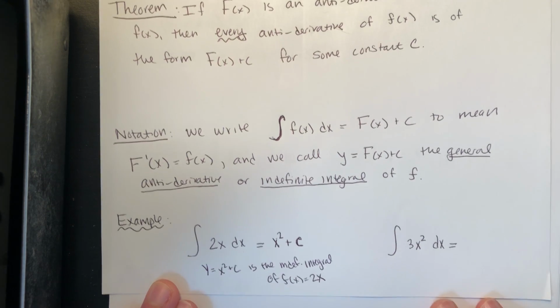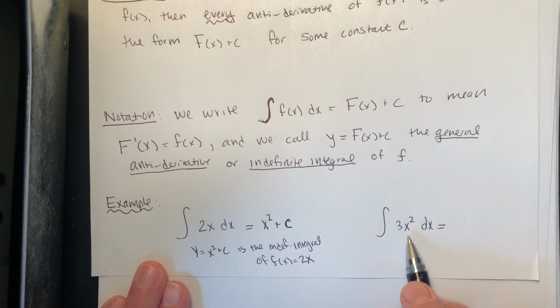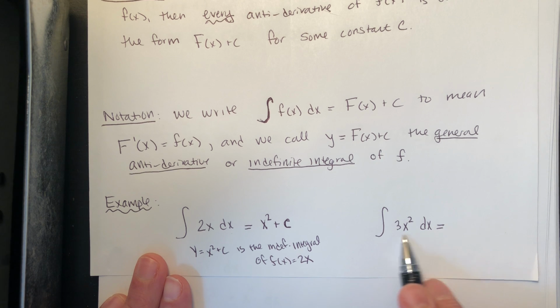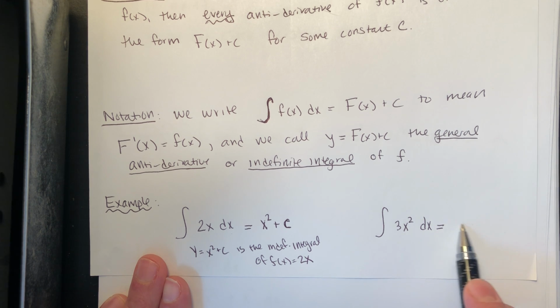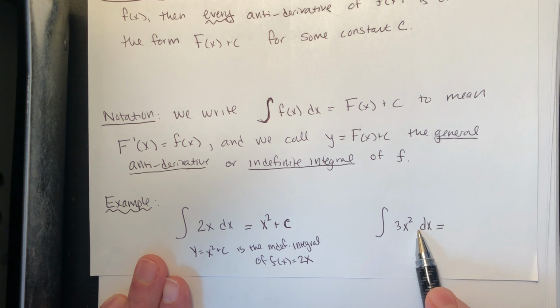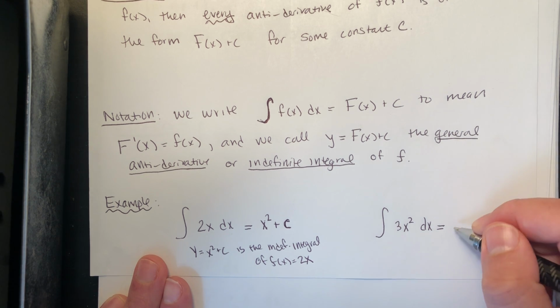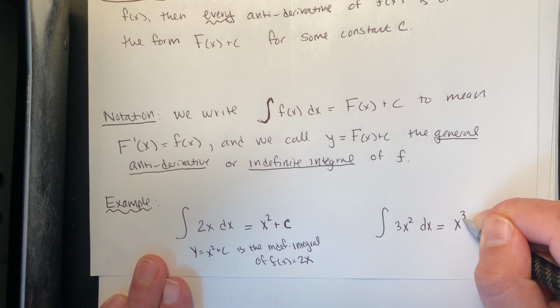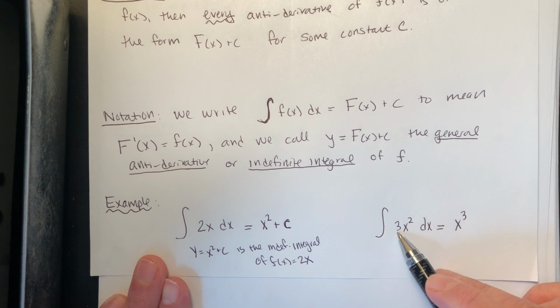Similarly, if we wanted to take the indefinite integral or the general antiderivative of 3x squared, we should be thinking to ourselves, what function do you have that when you take its derivative, you get 3x squared? Just from experience of doing a bunch of derivatives, we know that when you take the derivative of x cubed, you get 3x squared.